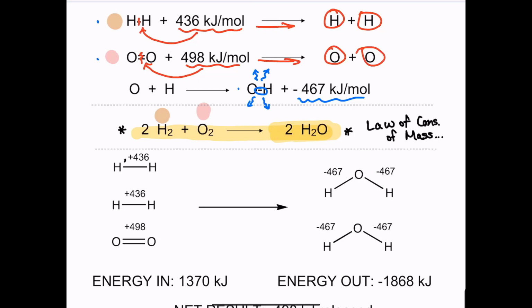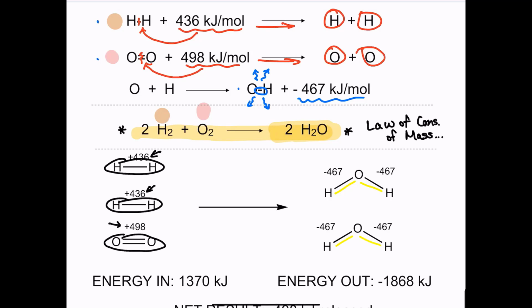I've got 2 of these guys, and so that means that I need to supply 2 amounts of that hydrogen bond breaking energy. And then I've got just 1 oxygen, so I need to supply 1 of the oxygen bond breaking energy. And then I form not 1, but 2 OH bonds per water molecule.